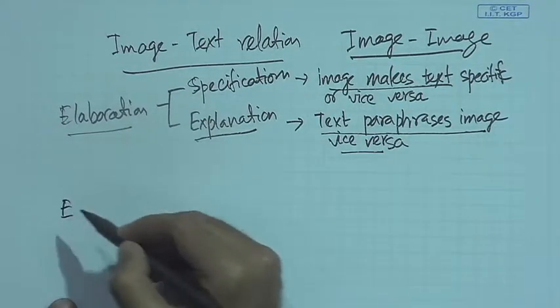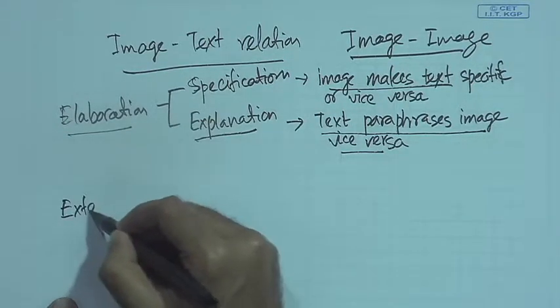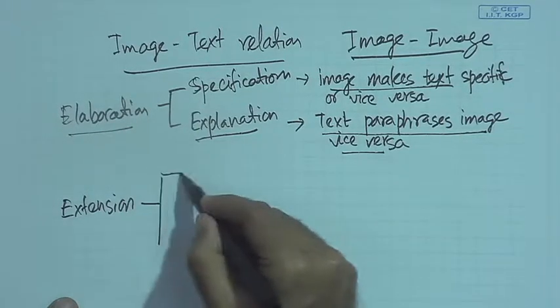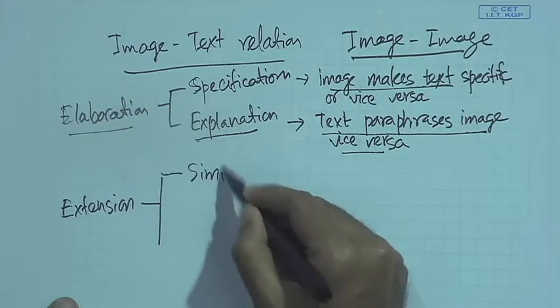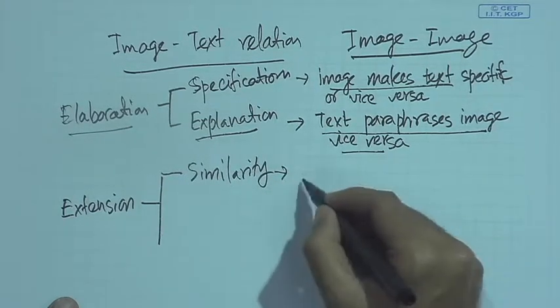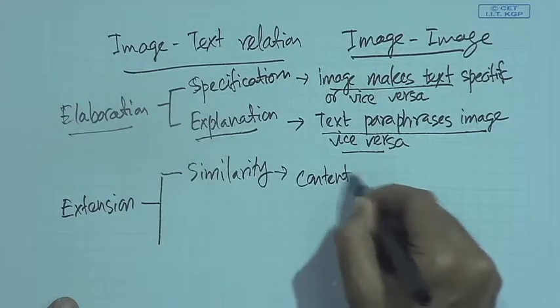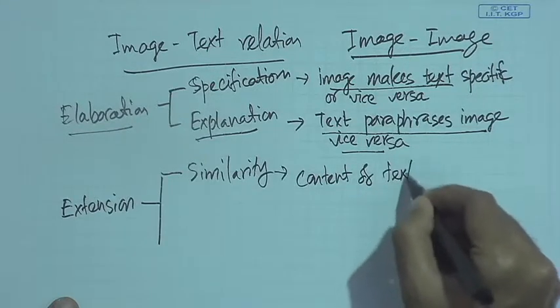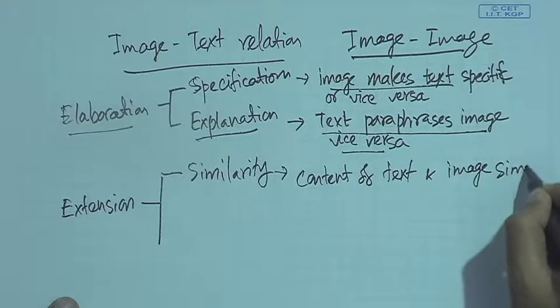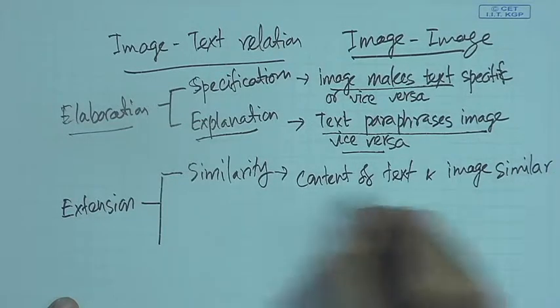Now, let us come to the image and text extension possibilities. How does it work? It may work based on similarity, where you can understand the content of text and image are similar. So, that works as an extension.